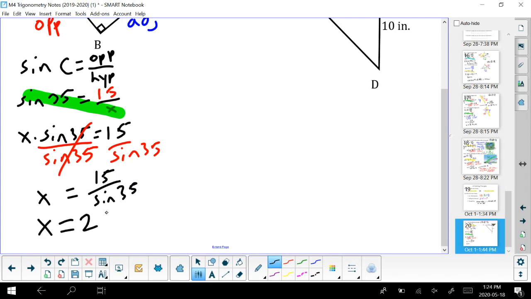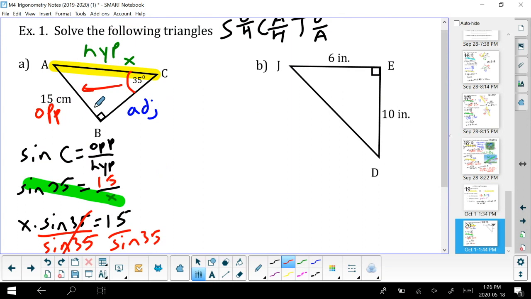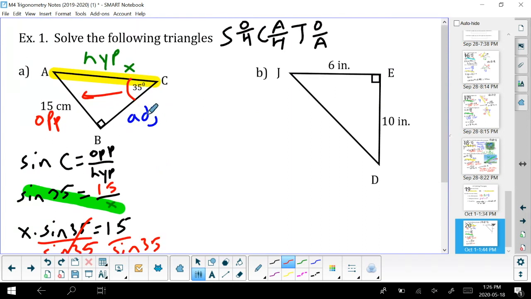We have x is equal to 26.151. So because I will save Pythagorean theorem for the next question, I'm going to go ahead and just say we're not going to use this side length anymore. We can just round this to 26. Just to keep up with the fact that this is 15 centimeters, let's keep this as a whole number. So our next goal is to find out what my adjacent side is.